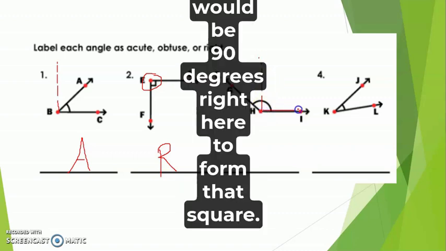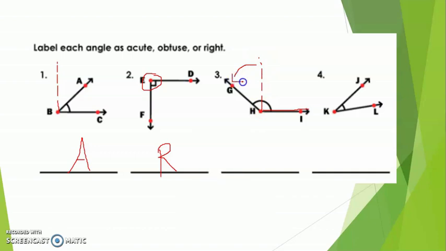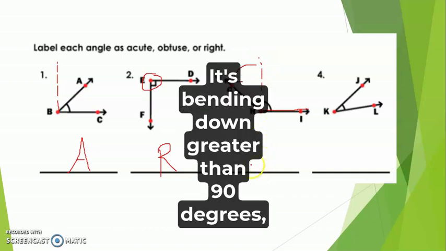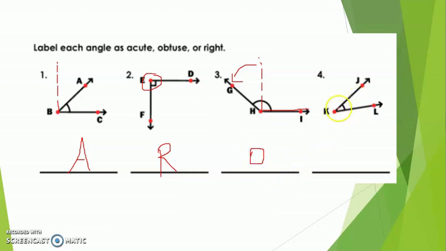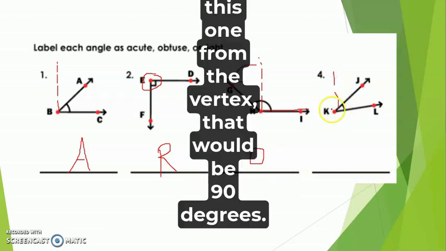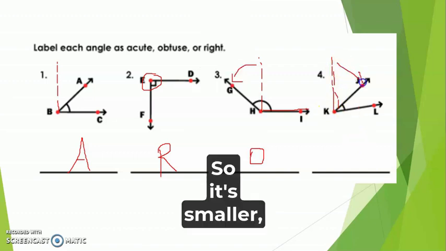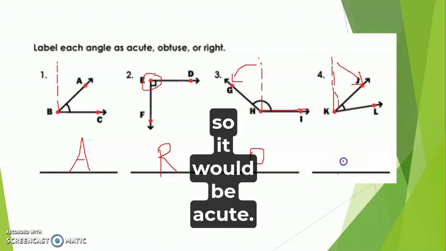There would be 90 degrees right here to form that square. And this is bending down greater than 90 degrees, so it would be obtuse. And this one, from the vertex, that would be 90 degrees, so it's smaller, so it would be acute.